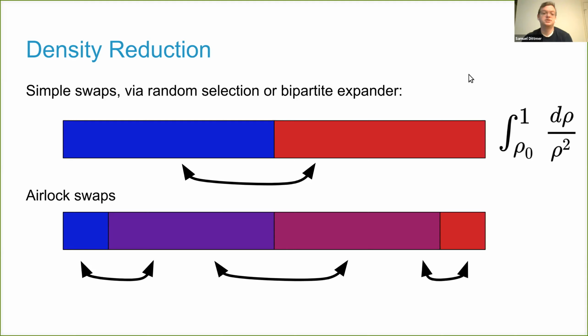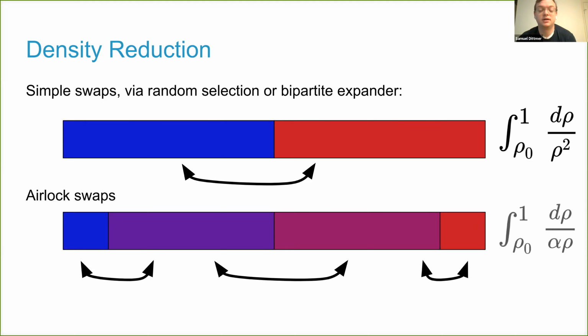The time it takes to push the density below some bound in the top picture is the integral of 1 over rho squared, where rho naught is your target density. This is because if the density is rho, it takes about 1 over rho time to find something out of place on the left and 1 over rho time to find something on the right, and these are independent guesses.